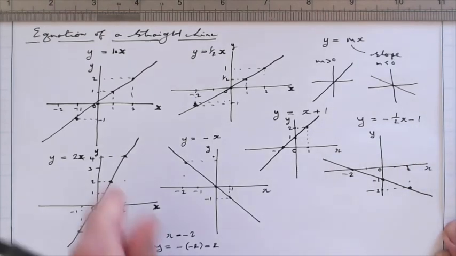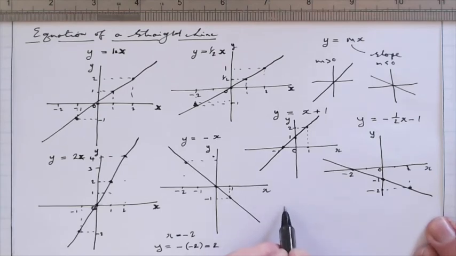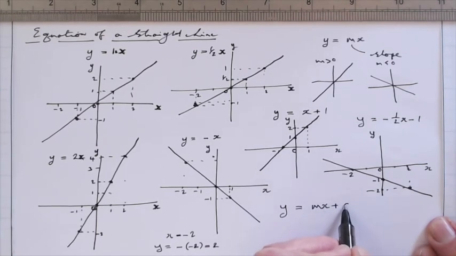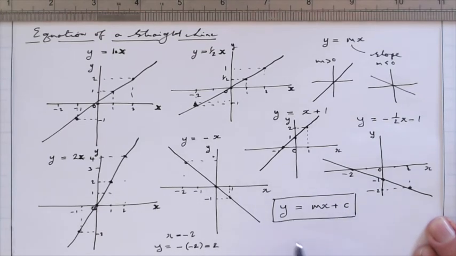it is. So from all of these examples, we can motivate the general form of the equation of a straight line, which is a beautiful thing and so useful in maths and science. y equals mx plus c.